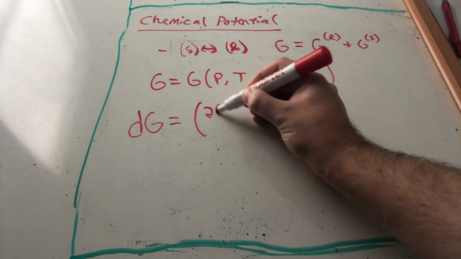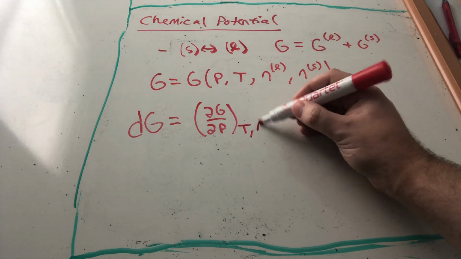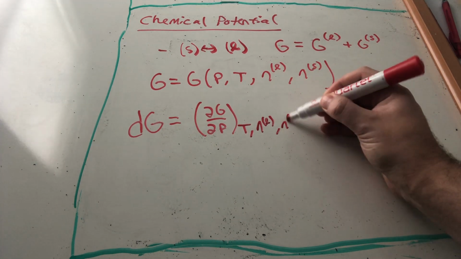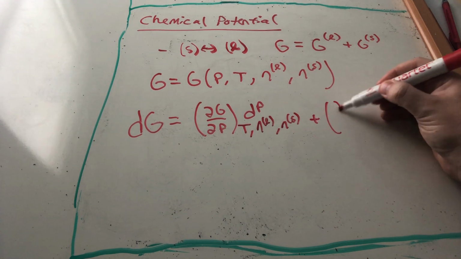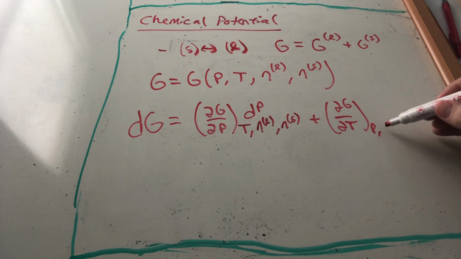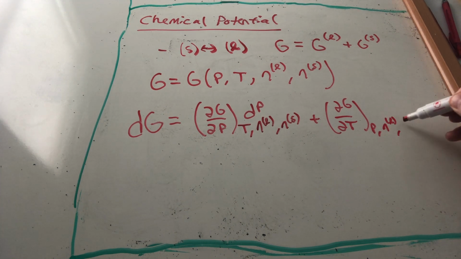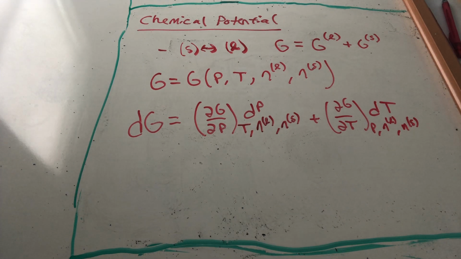It's going to look like partial G, partial P at a constant T, N_L, and N_S, dP, plus partial G, partial T at a constant P, N_L, N_S, dT. And now that looks familiar.